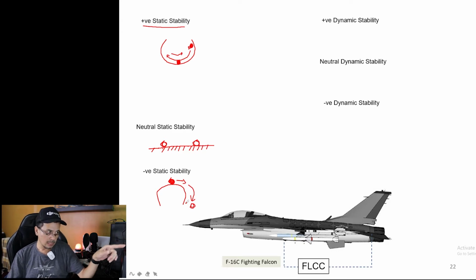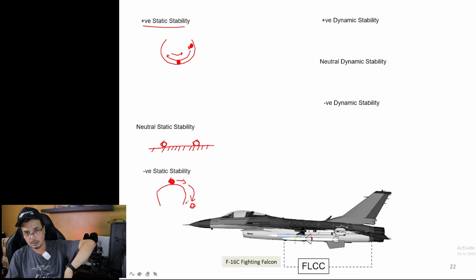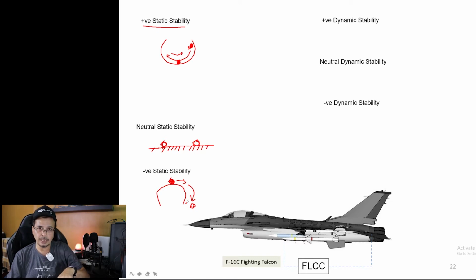Whereas negative static stability is on the fighter plane. Negative refers to the fighter plane. Let's say we swing to the left or to the right, when the pilot lifts the control stick, the aircraft will keep moving to the right. Whereas the positive stability tends to be stable back.